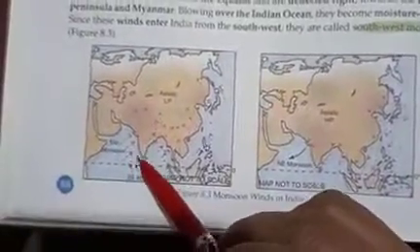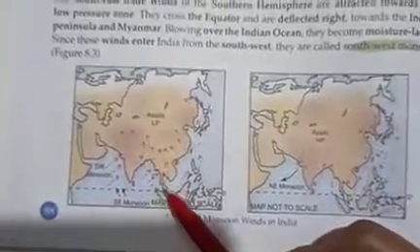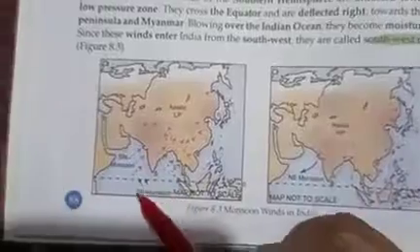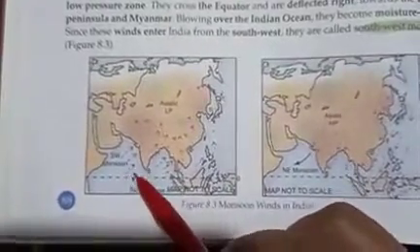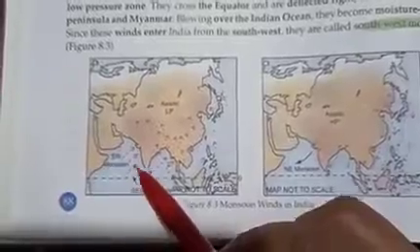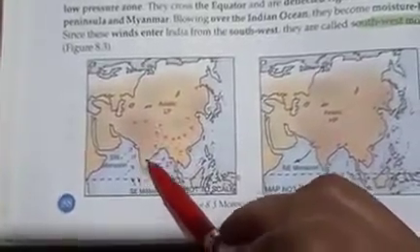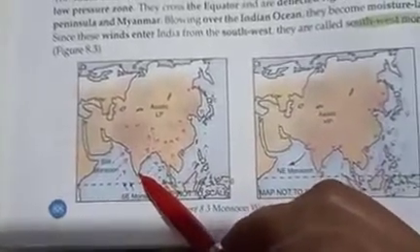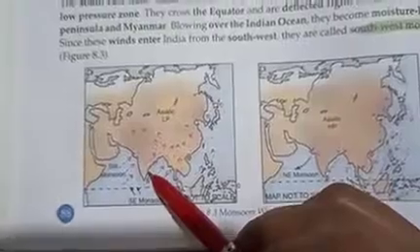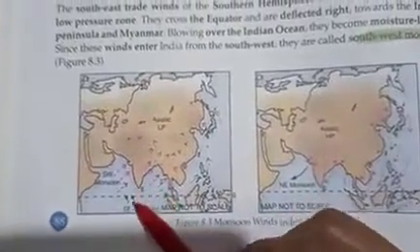So in this Indian Ocean, the third largest ocean of the world, when these winds are blowing over the Indian Ocean, they pick up a large amount of moisture, and they start entering into India from the southwestern side, that is Kerala. And as they enter from the southwest side, they are called southwest monsoon.